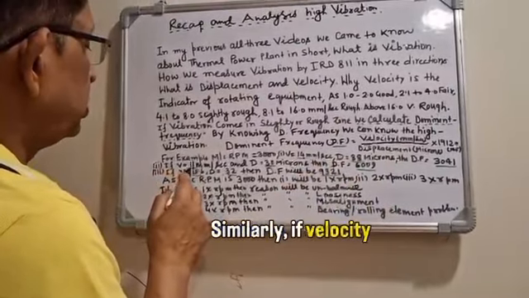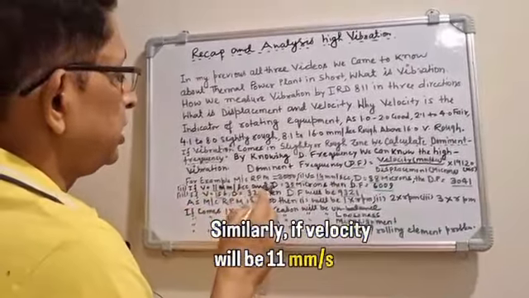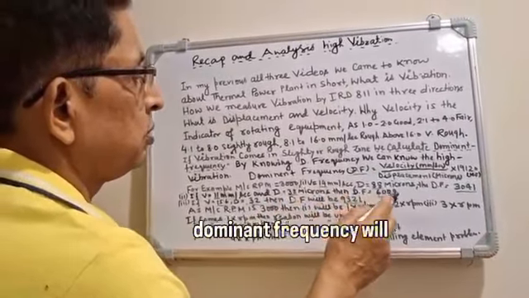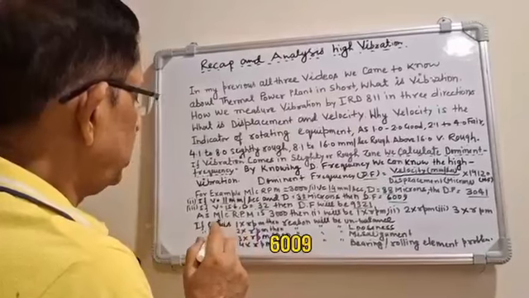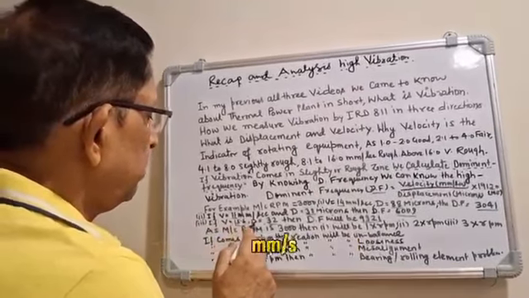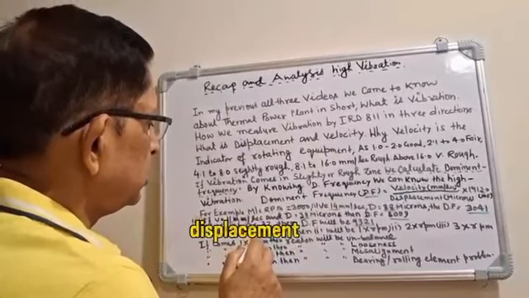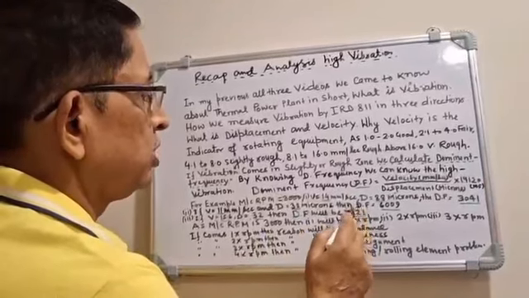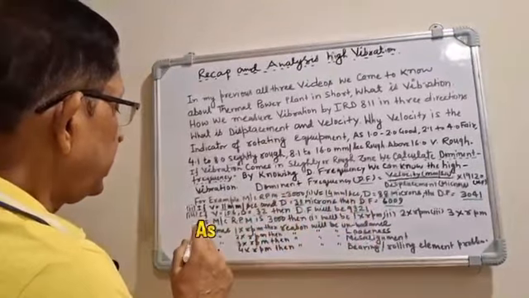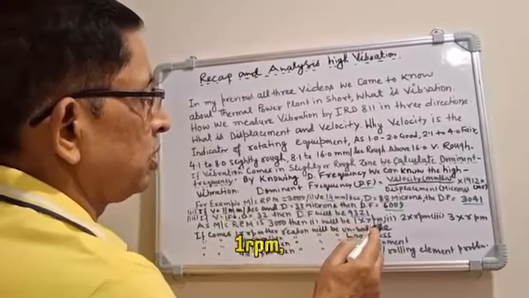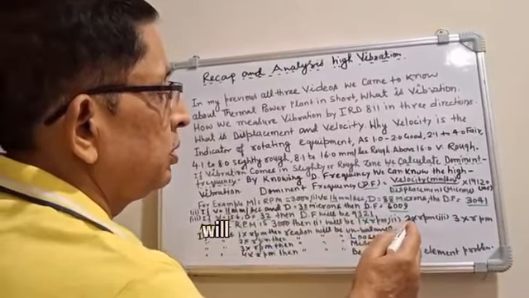Similarly, if velocity will be 11 mm per second and displacement 35 microns, then dominant frequency will be 6009. If velocity is 15.6 mm per second, displacement 32 microns, then DF will be 9321.